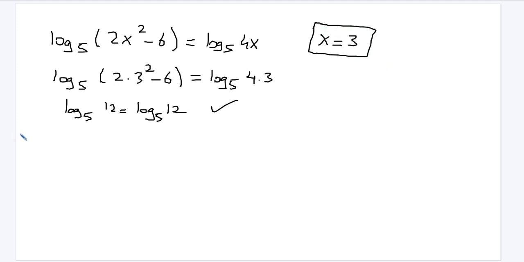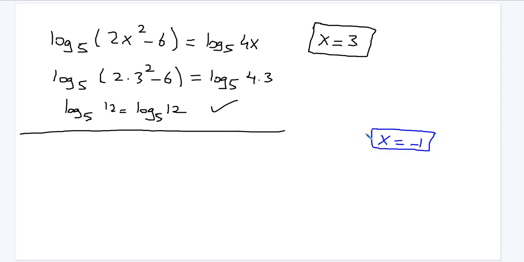Let's check out the other one that we have. We remember we found that as x is equal to negative 1. That's the other candidate solution. When we plug into the original equation again, let's see what will happen. 2 times negative 1 squared minus 6, is it really equal to log base 5 of 4 times negative 1?